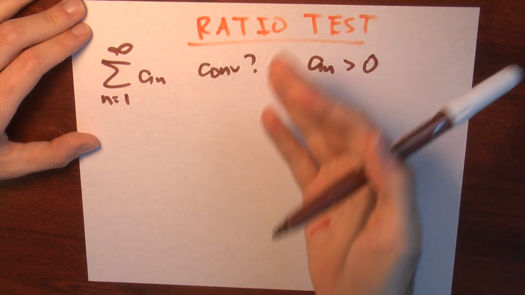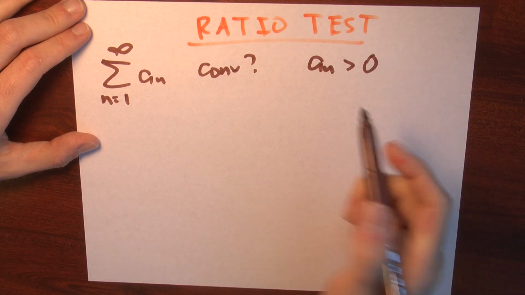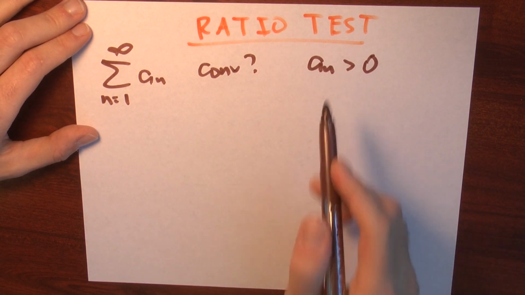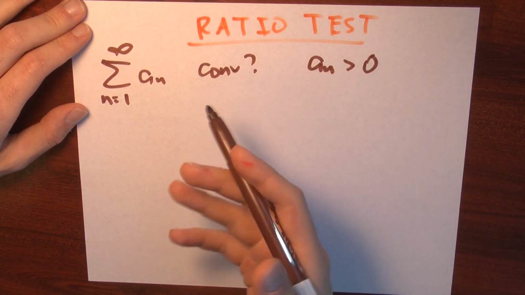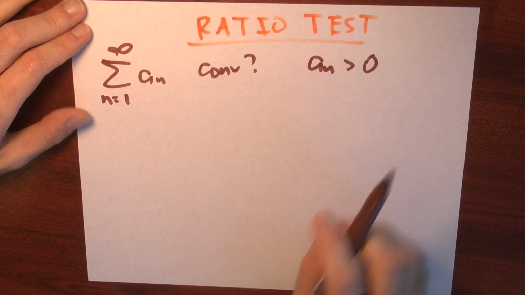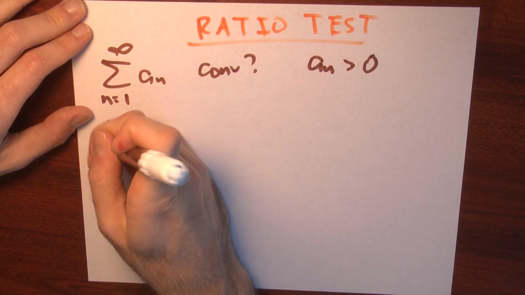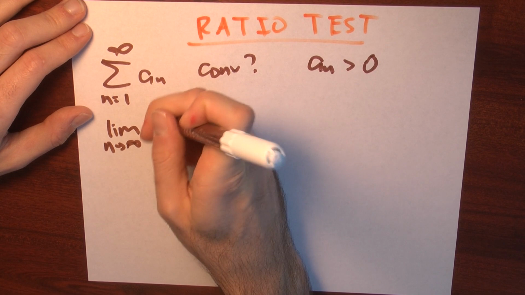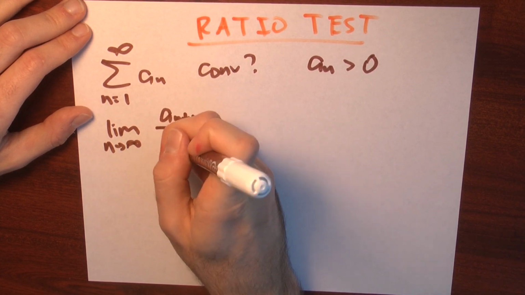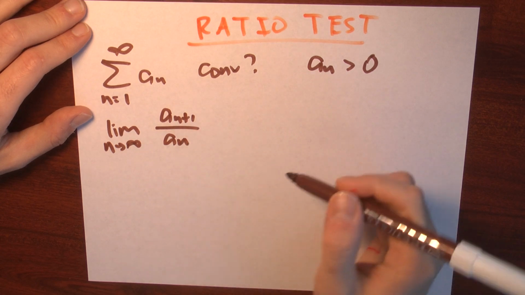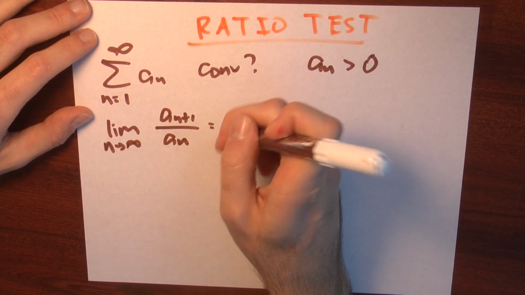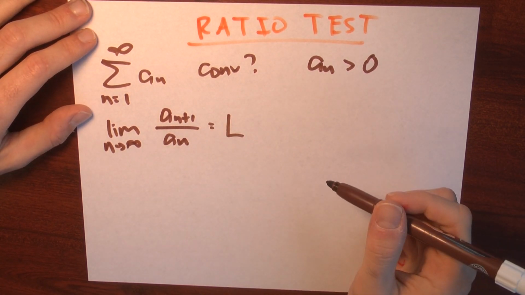I need that because my argument was using the comparison test, and the comparison test requires series with at least non-negative terms. Then I'm going to look at the limit as n goes to infinity of a sub n plus 1 over a sub n, the limit of the ratio of subsequent terms. Let's suppose that that limit exists and equals L.